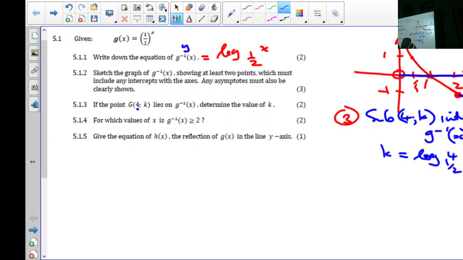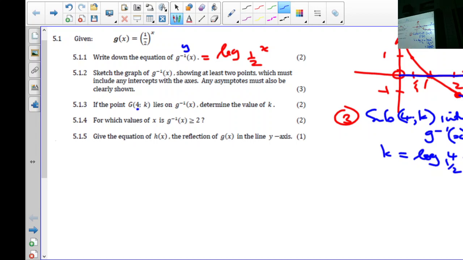I'll show you now how we do that. Otherwise, if you know the log law, that is going to become log 2 squared over log of a half, which is 2 to the minus 1. Bring the exponents forward, so it's 2 log 2 over negative 1 log 2, which gives us negative 2.